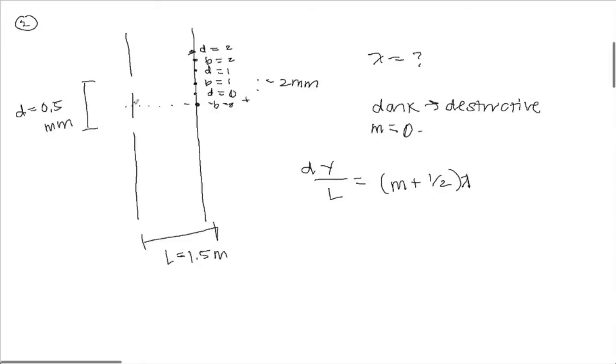So this is... actually this one. D equals 0.5.